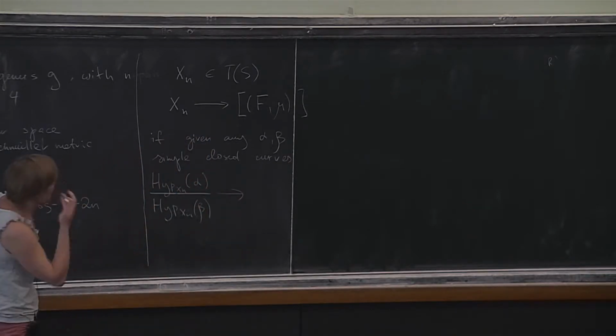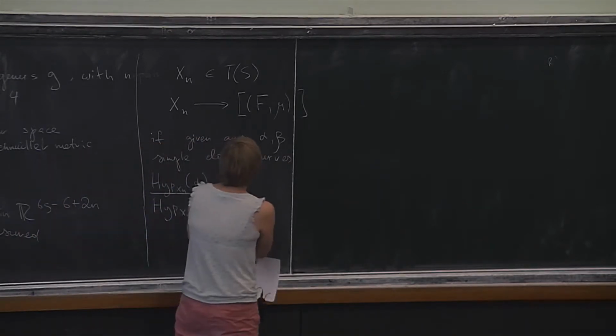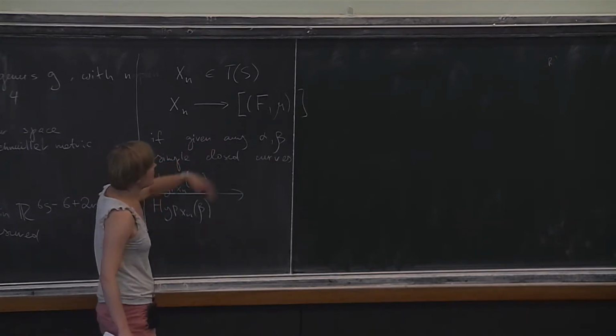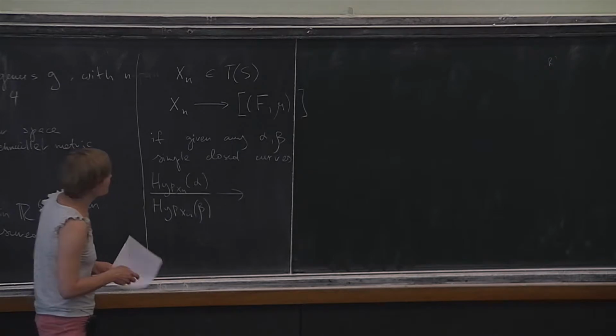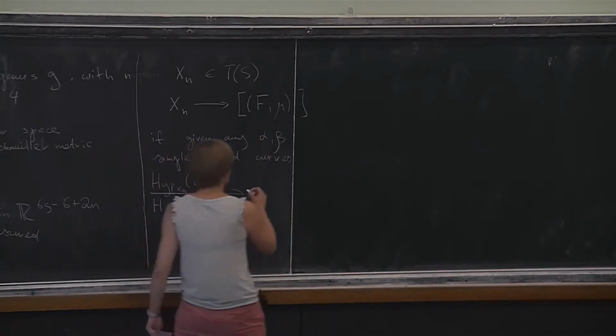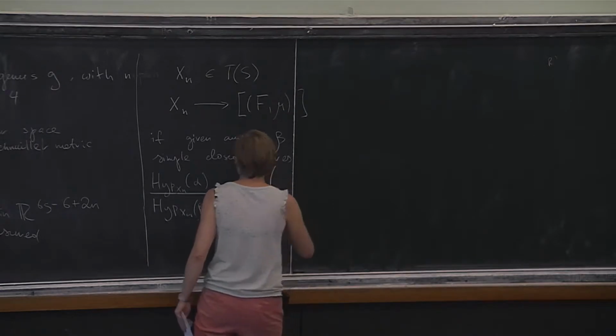So this converges too. And here, I can pick any representative of the foliation in the projective class of F mu.